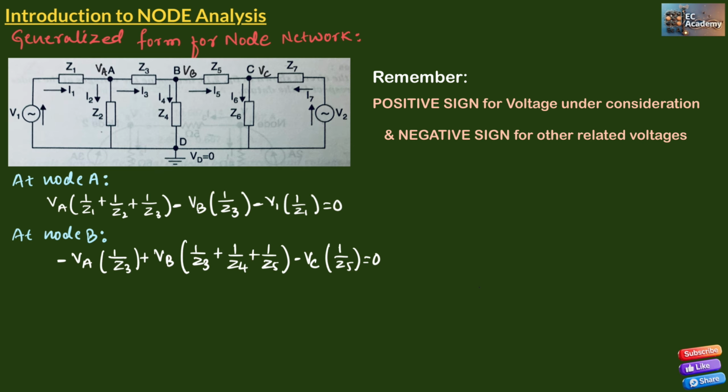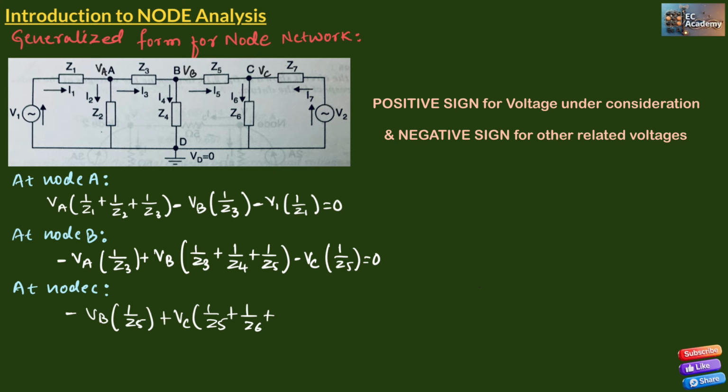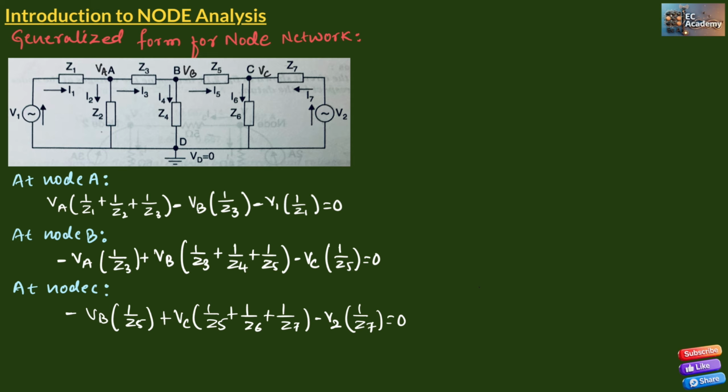So if we take the summation of all these terms, at node C we can write minus VB into 1 by Z5 plus VC into (1 by Z5 plus 1 by Z6 plus 1 by Z7) minus V2 into 1 by Z7 will be equal to 0. Now we can solve these equations directly, and we can find VA, VB and VC. In turn, we can find the branch equations.